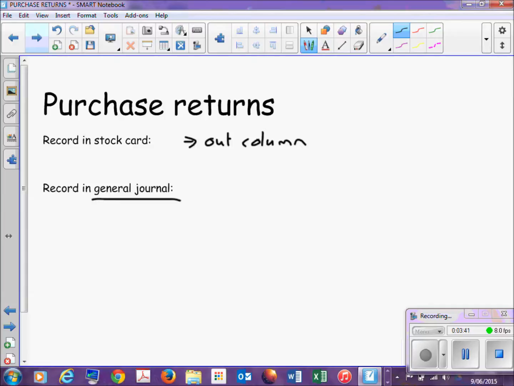Okay. Debit creditors control. Why does creditors control get a debit? It is decreasing the liability. Because we've returned the stock, they've given us a credit note, we don't owe them for it anymore, it decreases the liability, that's why it's a debit entry.